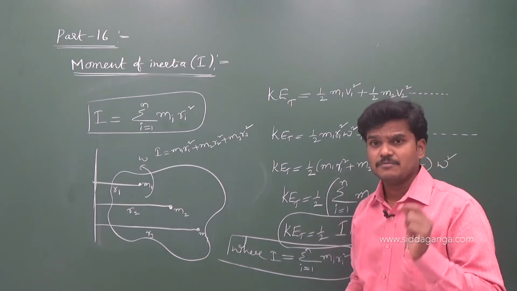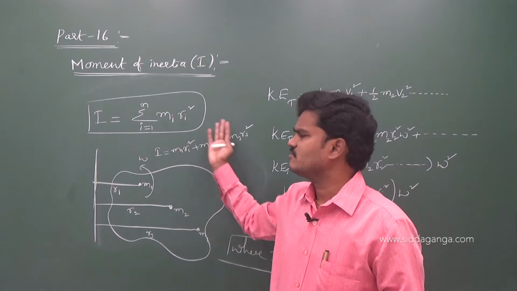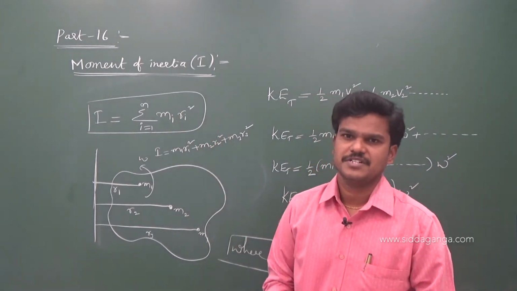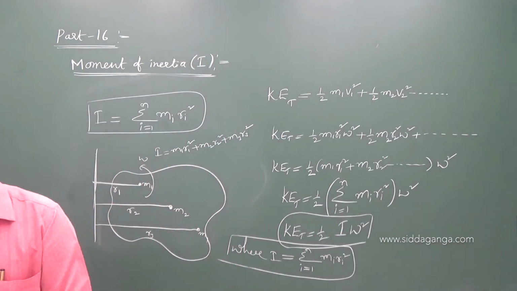Otherwise, mass and the square of distance is nothing but moment of inertia.